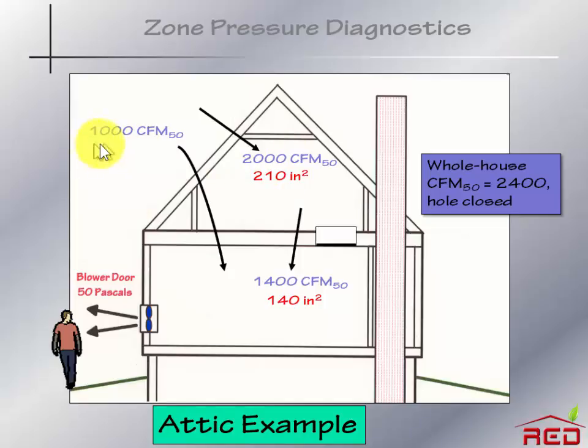And the through zone or total path is 1000. Again, this is always going to be less than either of the other two because it's taking into account the resistance of airflow through both of the pressure boundaries, not just one.